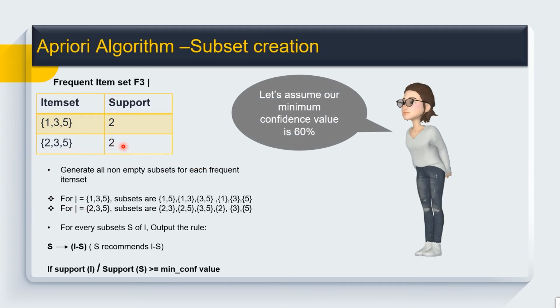Now what we are going to do is generate all the subsets of each frequent item set. Let's assume that the minimum confidence value is 60%.